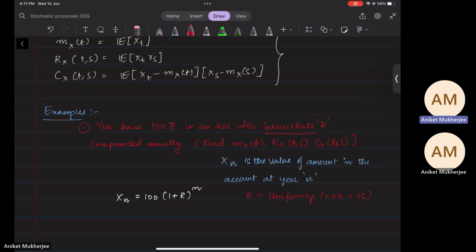So the randomness is in the interest rate you get each and every year. That is your randomness, and based on it you get a sequence of random variables. So you get a stochastic process where you don't know the value of the amount that will be in your account after some 10 years.